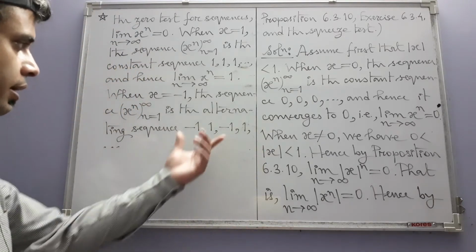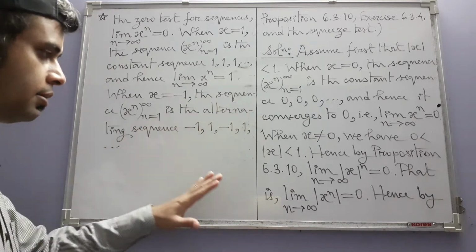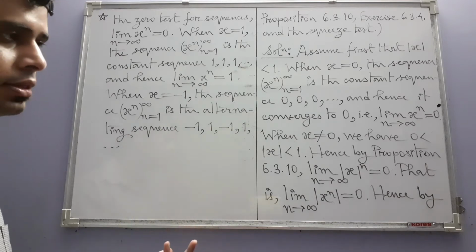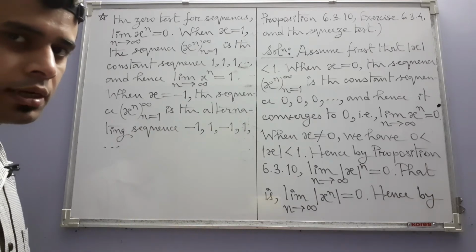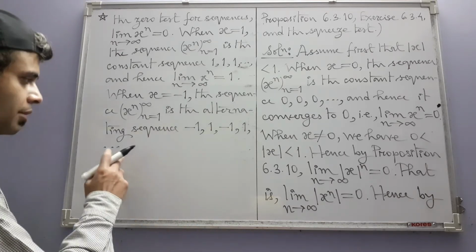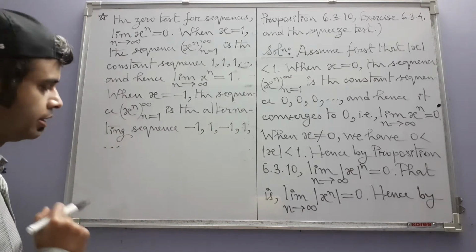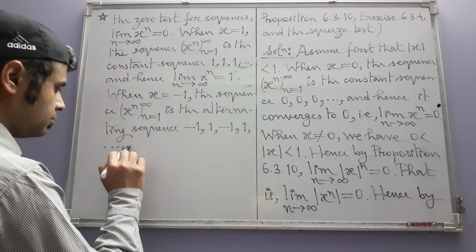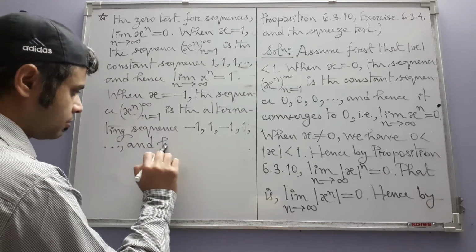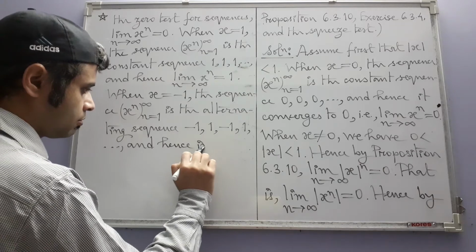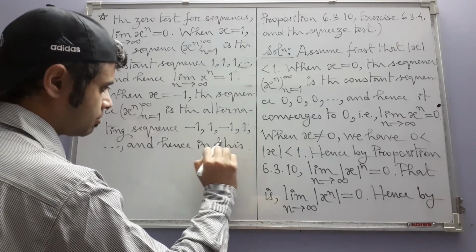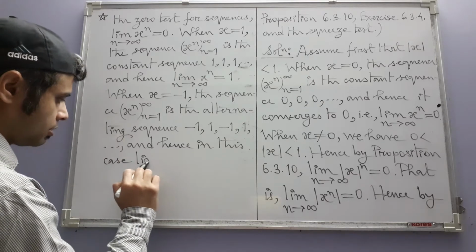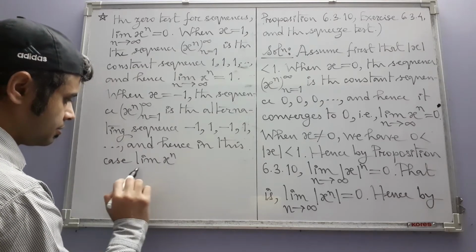I don't think the name alternating sequence has been used in this text for sequences. Alternating series is there, alternating series test is there, we will see those things. But you can understand what I mean by alternating sequence. And hence, in this case, the limit does not exist.